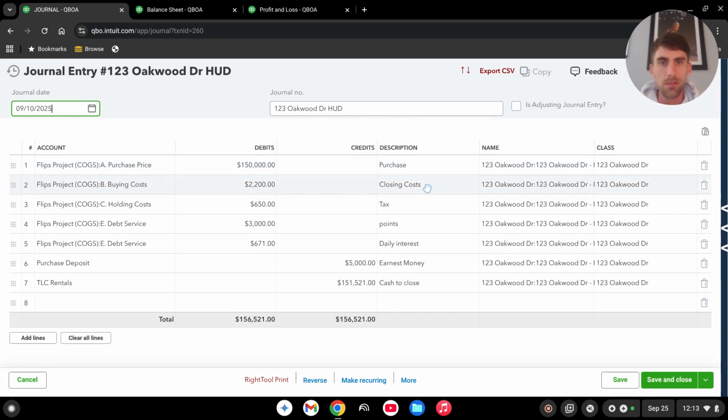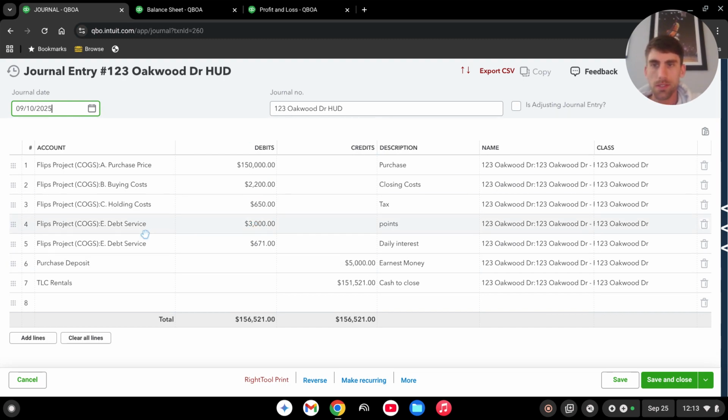Buying costs, so those are just the closing costs, $2,200. We have some tax and any kind of holding costs that we had to pay to the lender, and then any other kind of expense. Maybe we're buying down points or have some daily interest.